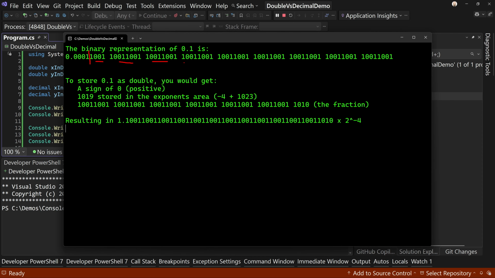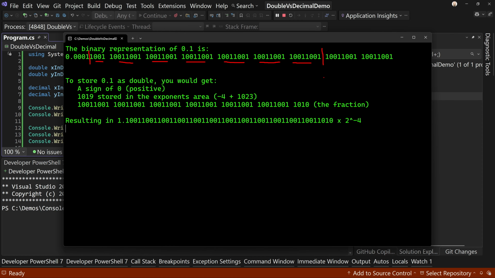Check our math here. 28, then 36, then 44. Then we have 52. So we end right here. Okay, so all of this from this left mark to this right mark, all of that is the fraction that we're going to store. But again, this is a repeating number.